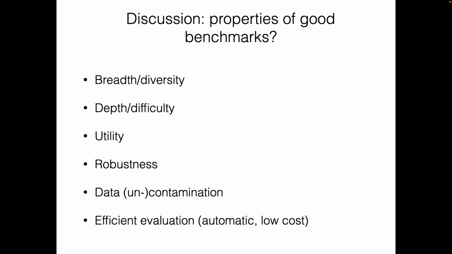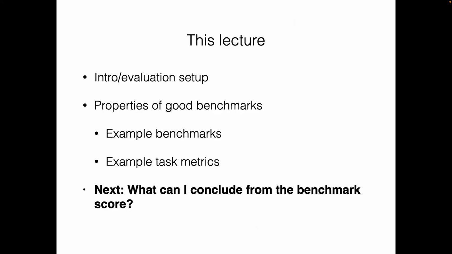Okay, let me know on Piazza if you think of other stuff. Next we're going to go through some basic statistical methods for answering the question, what can I conclude from the benchmark score? But we'll be looking at something very specific.